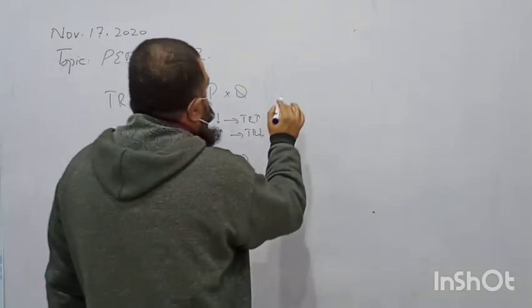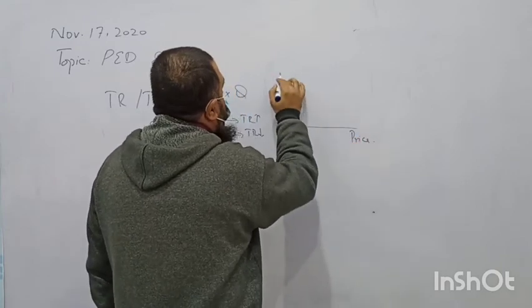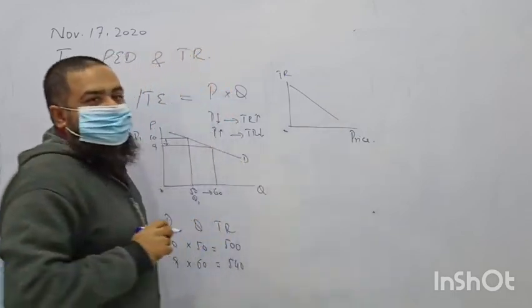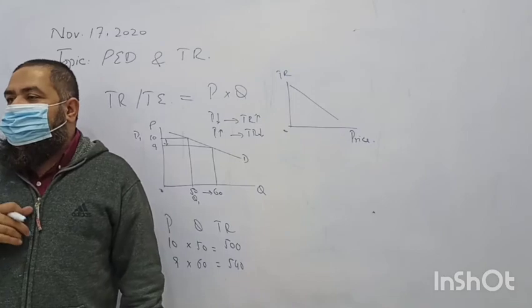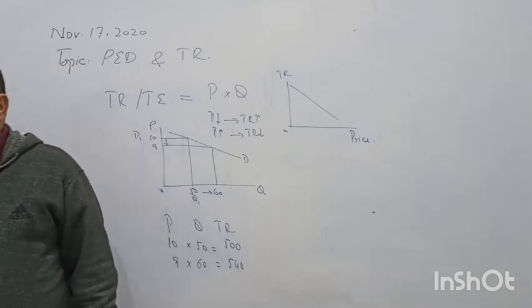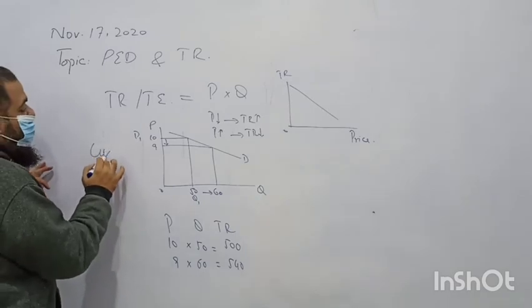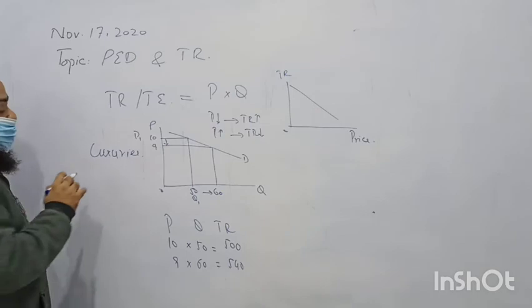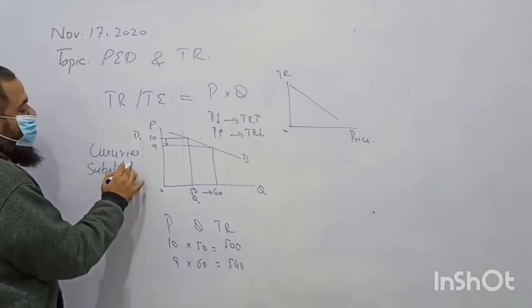Can I draw it in this case? Here I am taking price and total revenue. They are negatively related. They are moving in opposite direction. So these are the goods we say are luxurious products, or they have substitutes.